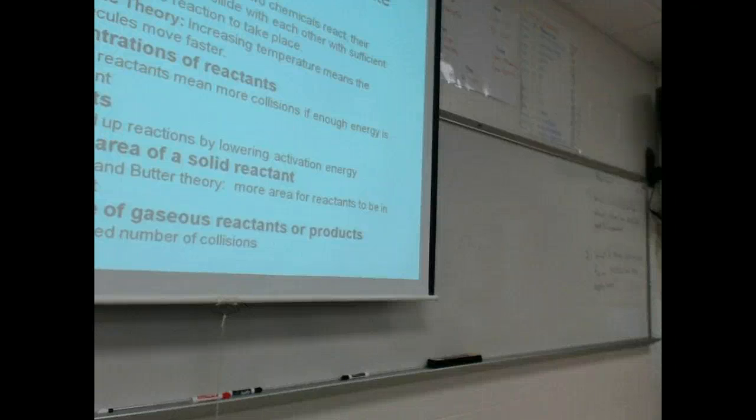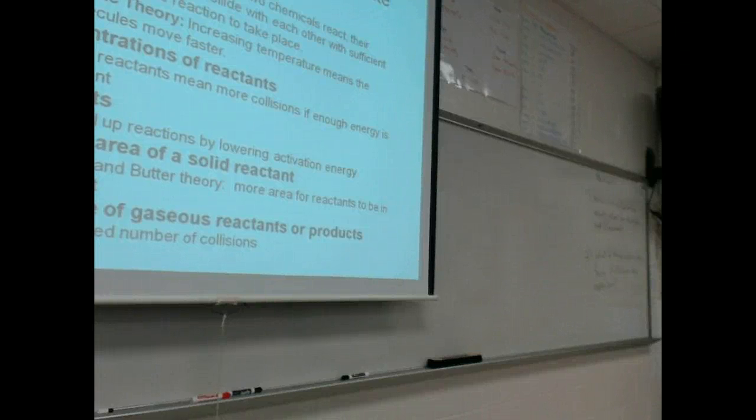Pressure of gaseous reactants or products. Why would increasing the pressure on gases cause the rate to increase? Because if you increase the pressure, the molecules of the gas would be forced closer together, they're more likely to run into each other.